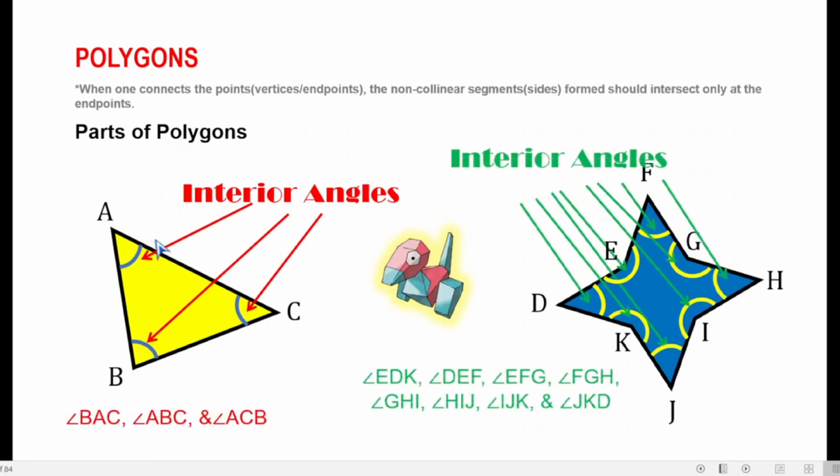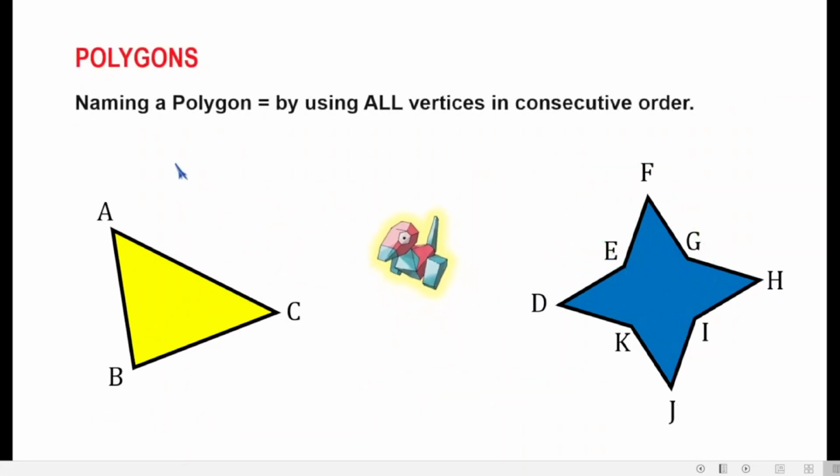Okay, we can also name the interior angles by the vertex. So you can name this interior angle A, this one is interior angle B, and the same with these 8 interior angles of this polygon, the blue one. To name a polygon, you need all vertices in consecutive order.